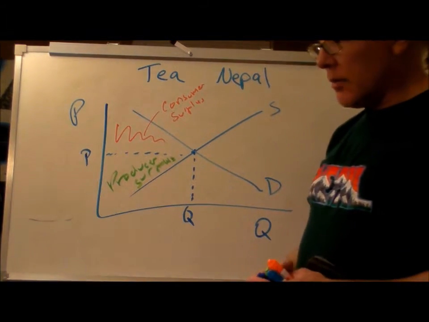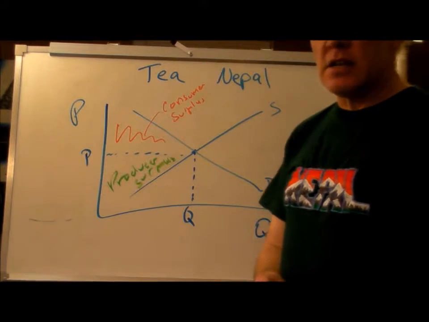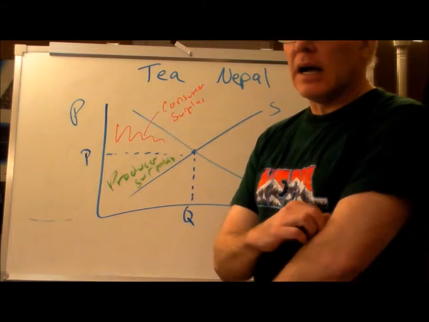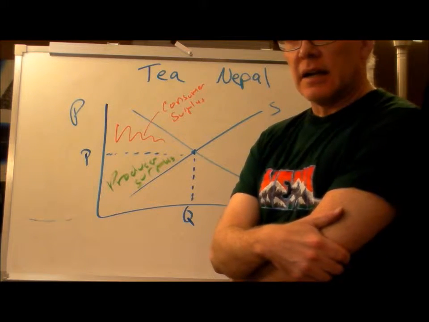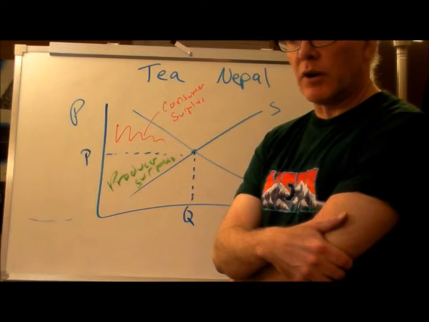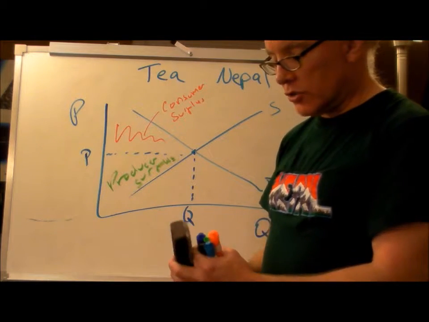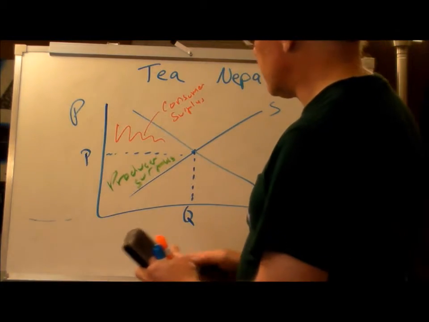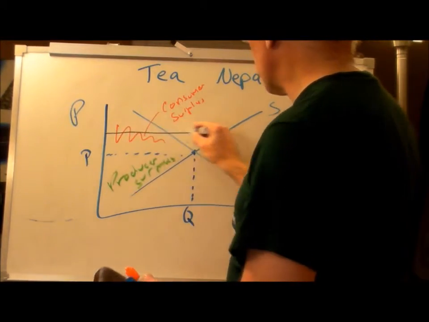Now let's imagine that the world price of tea is actually above the domestic price in Nepal, and that Nepal's government and its economy develops to the point where they're open to international trade. So we'll just put the world price of tea somewhere up here.